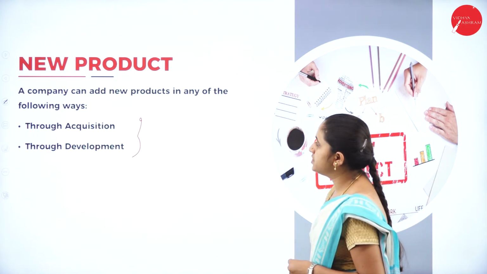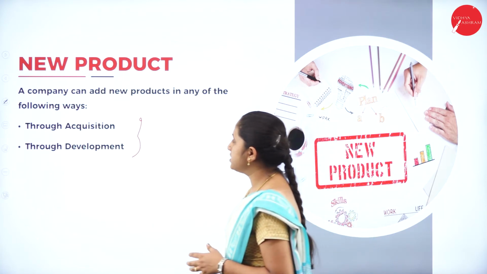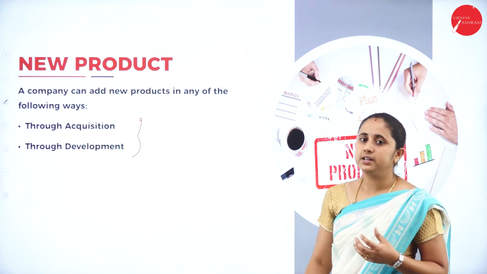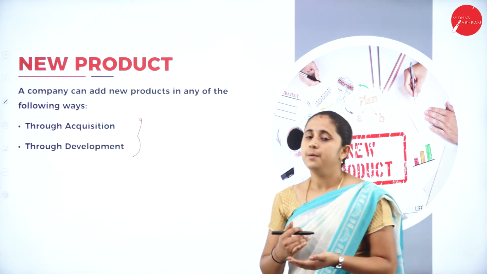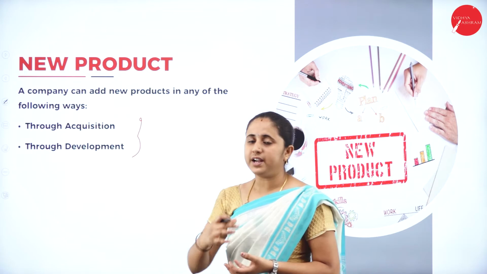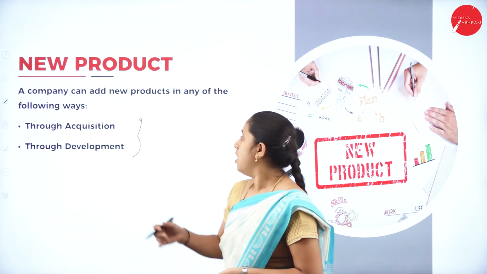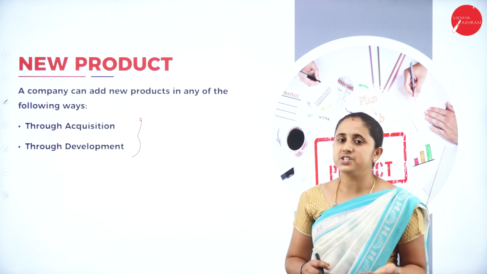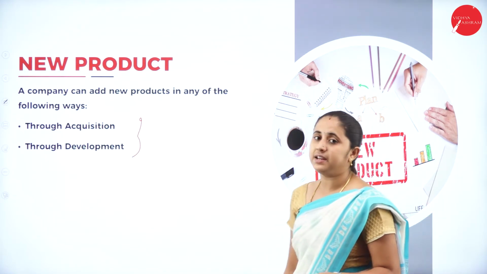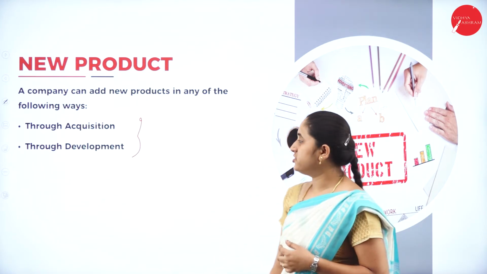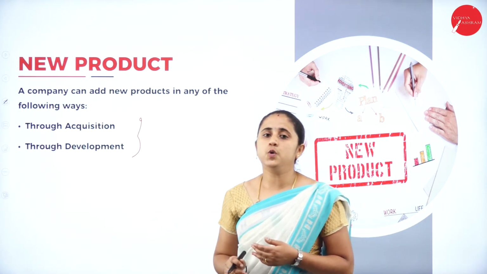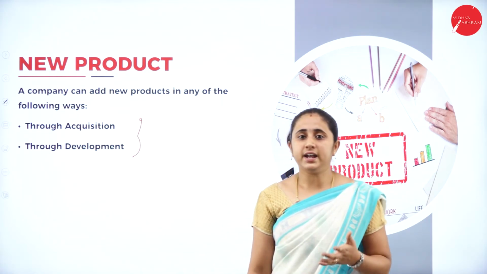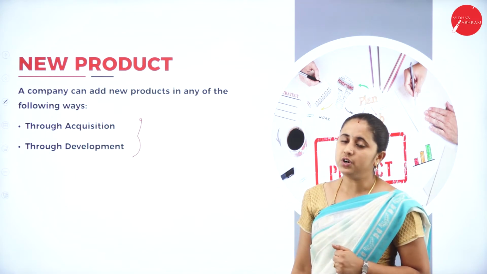Through acquisition means the company can purchase a product, modify it and enter the market, or else they can take a license or franchise. By purchasing a license or franchise, they can enter the market.